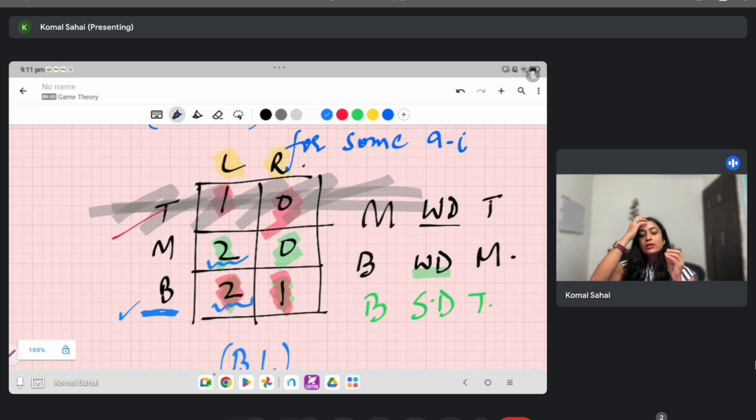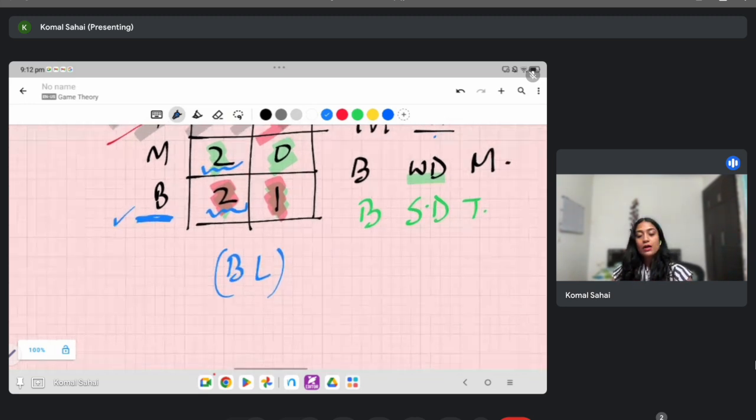Okay, so a strict equilibrium, right, of course it cannot have a strictly dominated strategy. कोई भी equilibrium नहीं होगा. But a strict equilibrium will also not have a weakly dominated strategy. क्योंकि strictly हमको चाहिए कि deviation में बंदा worse off ही हो.